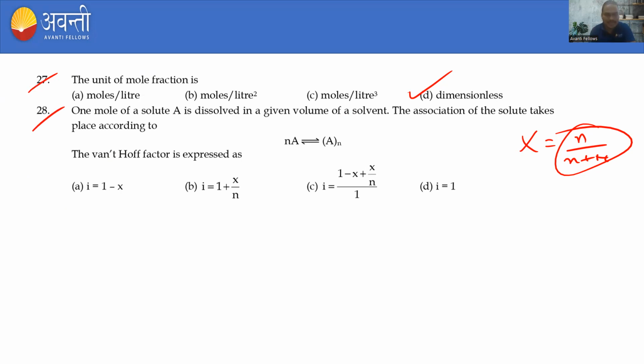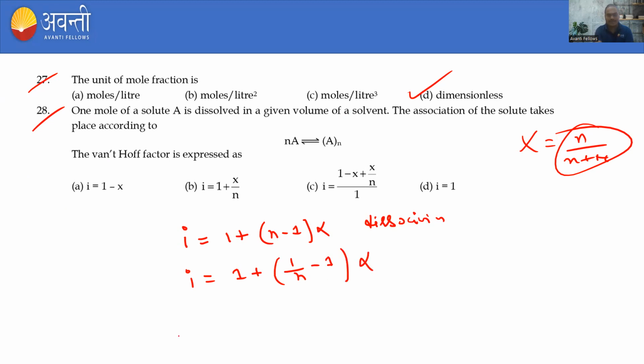1 mole of solute A is dissolved in a given volume of a solvent. The association of the solute takes place according to the given expression, right? We all know this thing. This is a very simple thing to understand. We know that i is equal to 1 plus (n minus 1) into alpha. This is for dissociation. And for association, i is equal to 1 plus (1 upon n minus 1) times alpha.